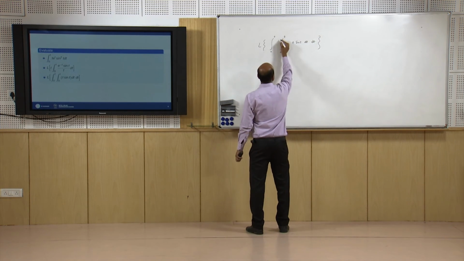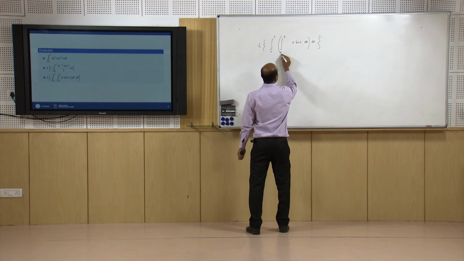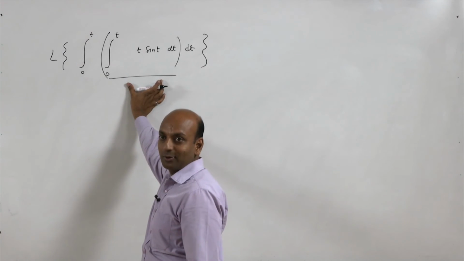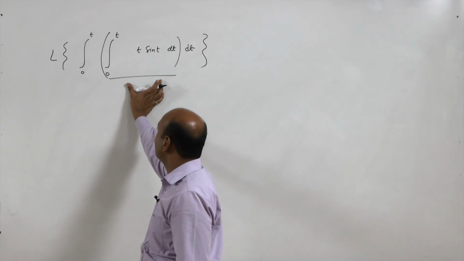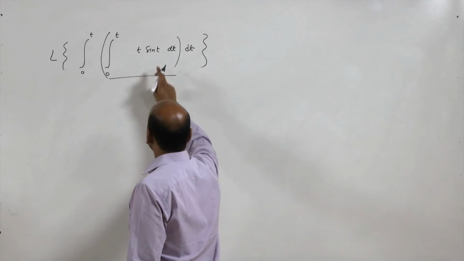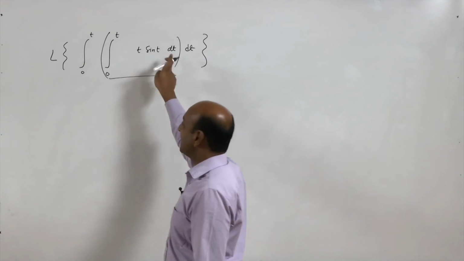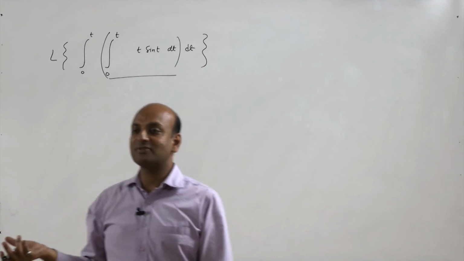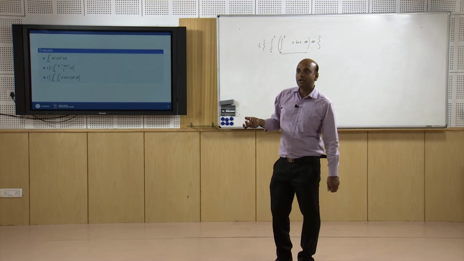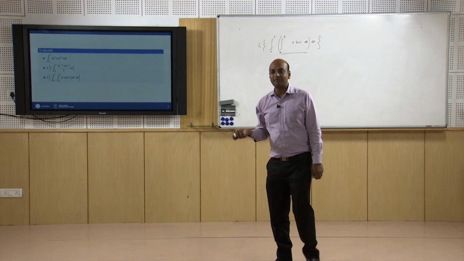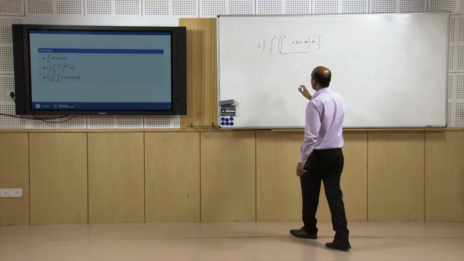So, first we can find out the Laplace transform of this f(t). Okay. This is nothing but F(p) by p, where F(p) will be the Laplace transform of t sin t. For t sin t you can easily find it: first find the Laplace of sin t, and using the Laplace transform of t f(t) is minus F dash p, we can find the Laplace transform of t sin t.